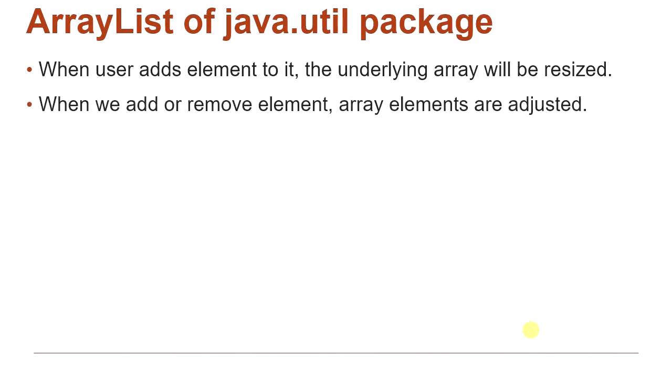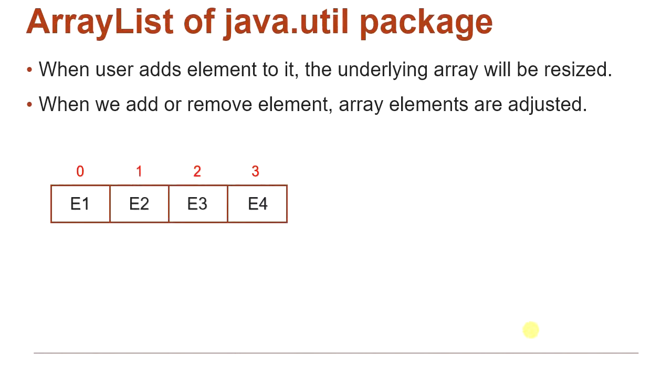When we add or remove an element, ArrayList elements are adjusted. As already told, ArrayList is a pack of continuous memory. So when you add a new element, the existing elements need to be adjusted so that the new element can come and sit in the location. Say for example, this is our existing array: E1, E2, E3, E4 at index locations 0, 1, 2, 3.